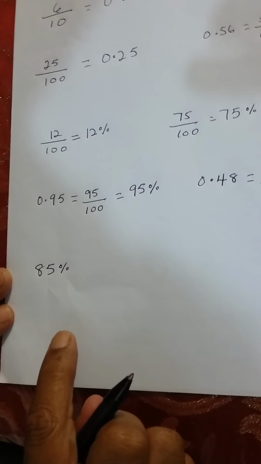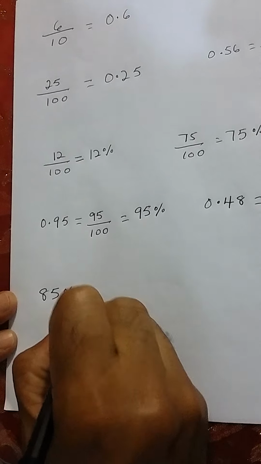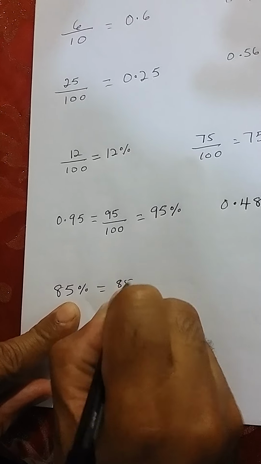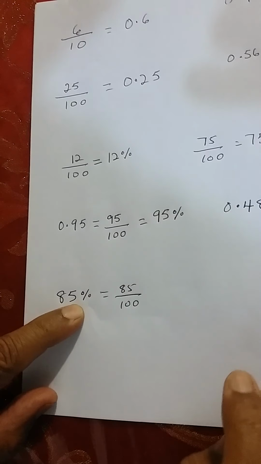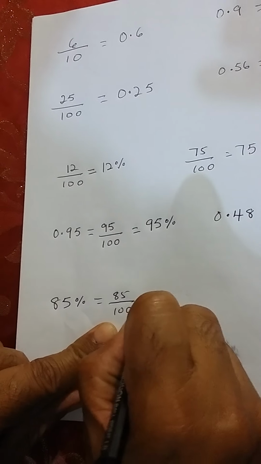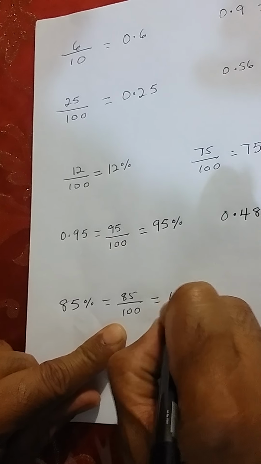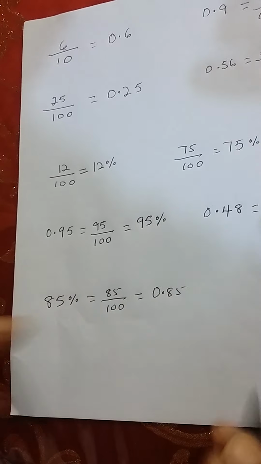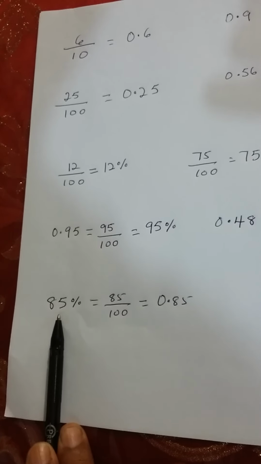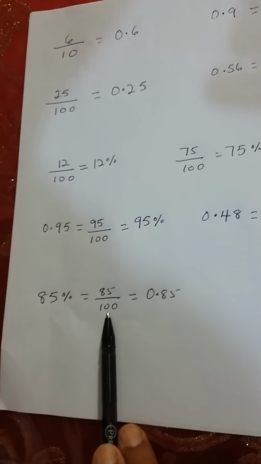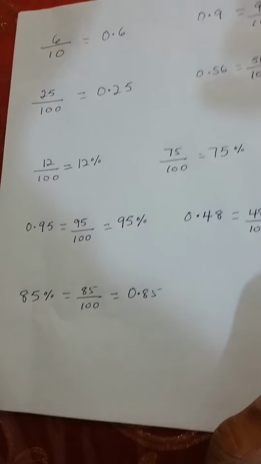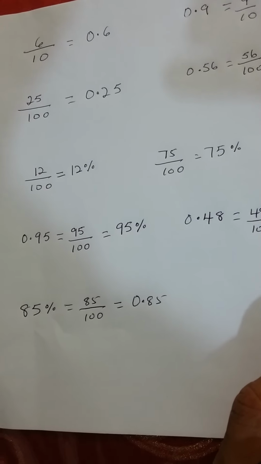Can you get a fraction with that? Yes, 85% simply means 85 out of 100. And now that you have 85 hundredths, you can get 0.85. So from your percentage, you can get your fraction, and from your fraction, you get your decimal. So they are all linked.